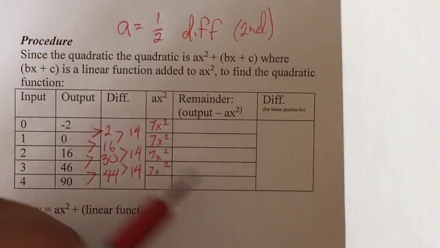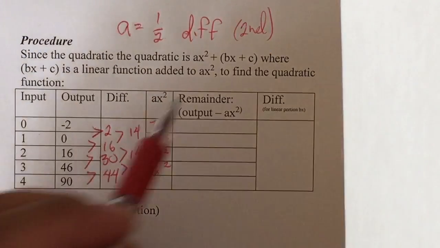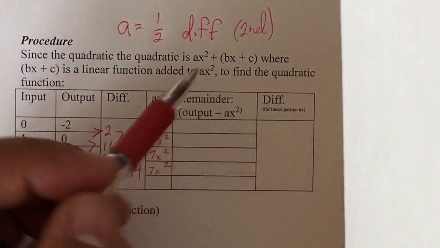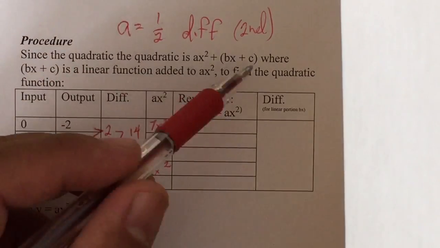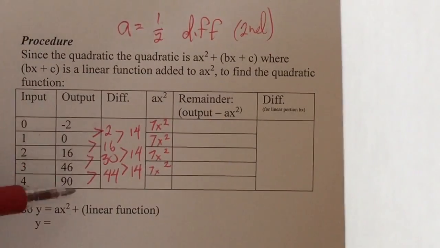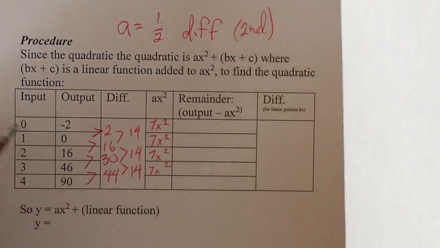Now what we're going to do is find the remaining portion, this bx plus c. We're going to take this output, which is what comes out when you put the input into the equation, and subtract what we get when we put the input into the 7x squared.